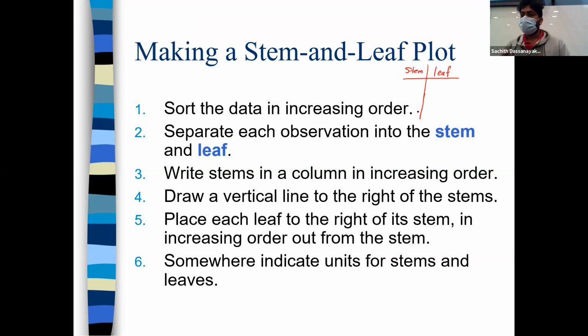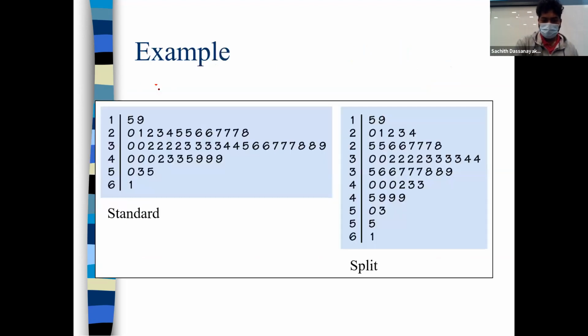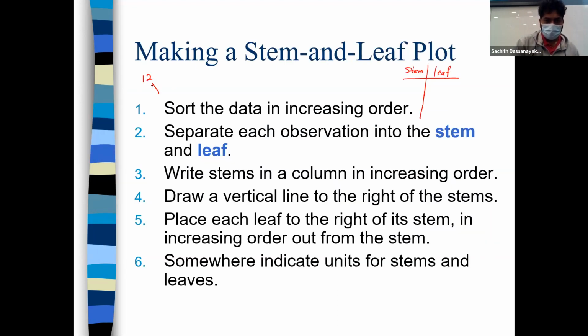Always only one digit goes to the leaf part. All other digits go to the stem part. So for example, if I consider 12, the last digit is 2.